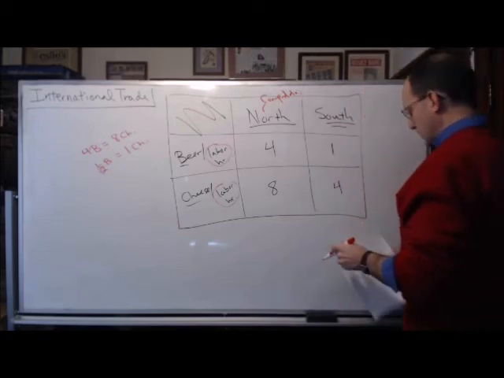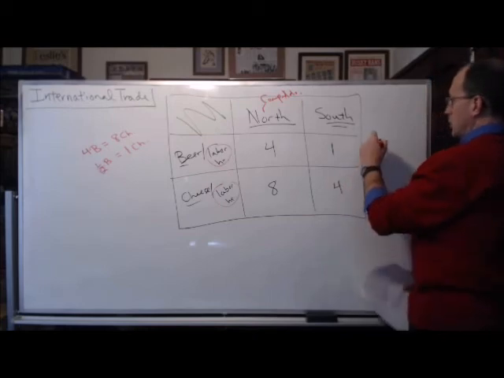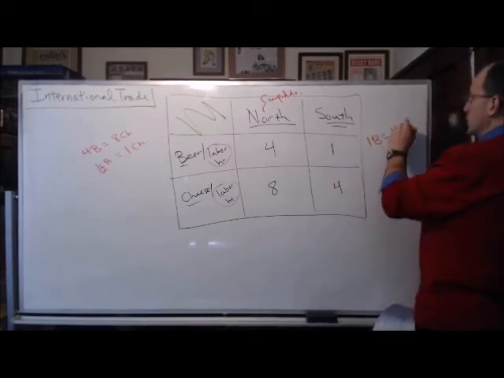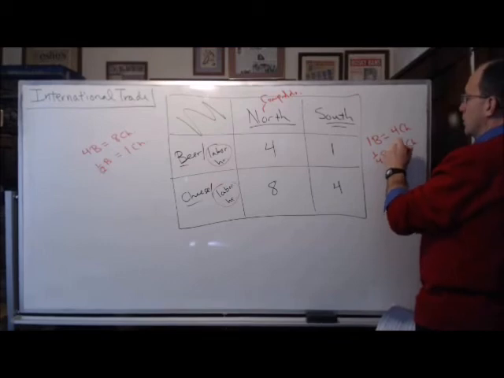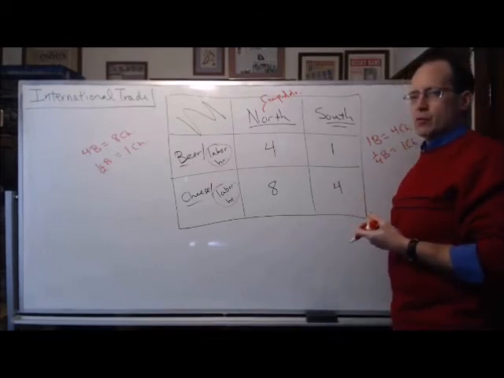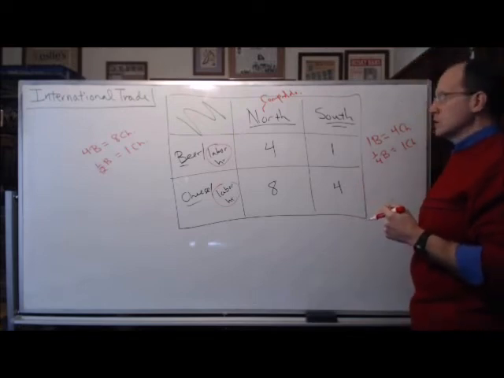What about in the South? What's the opportunity cost to the South of producing 1 more cheese? Well, since 1 beer equals 4 cheese, that's their trade-off. That means that each cheese, you got to divide both sides by 4, each cheese is worth 1/4 of a beer. So who's giving up the least if they produce an extra unit of cheese?